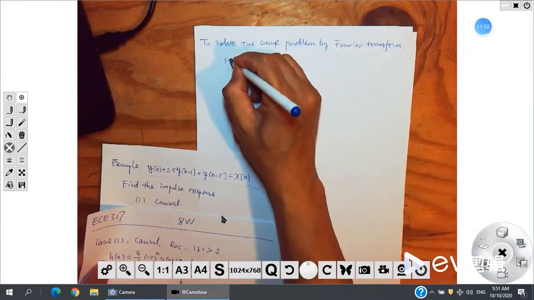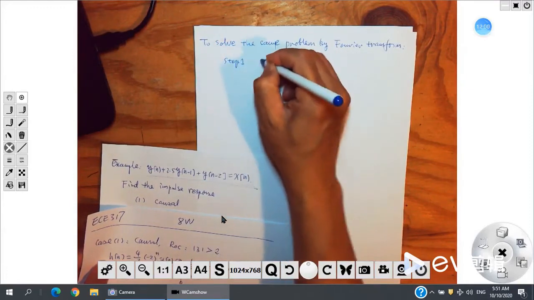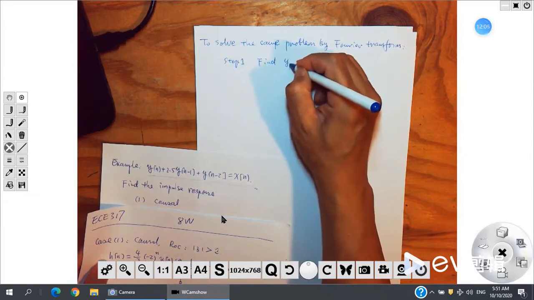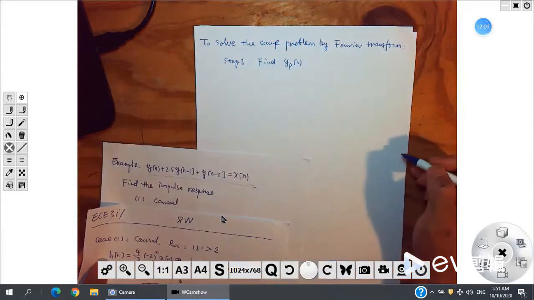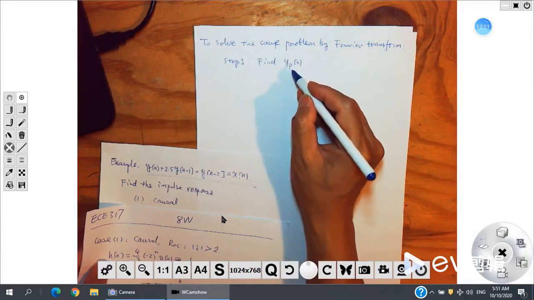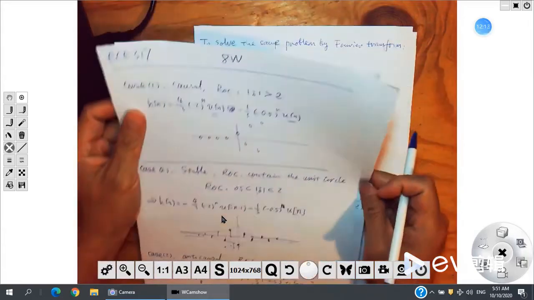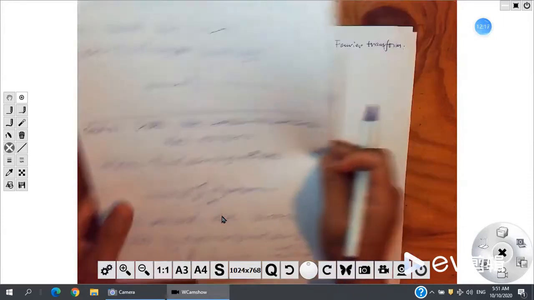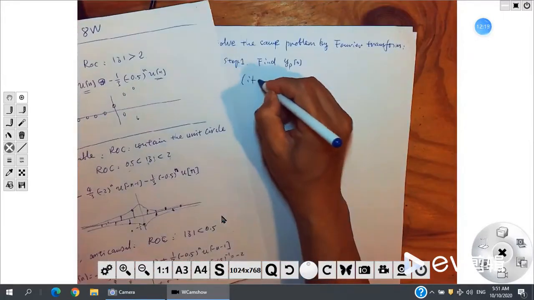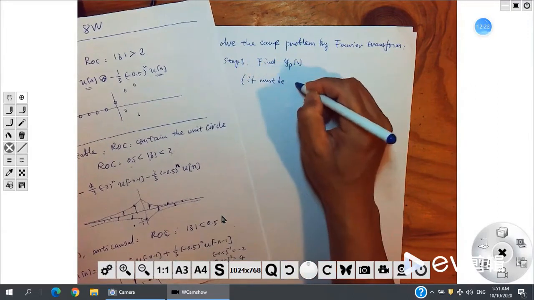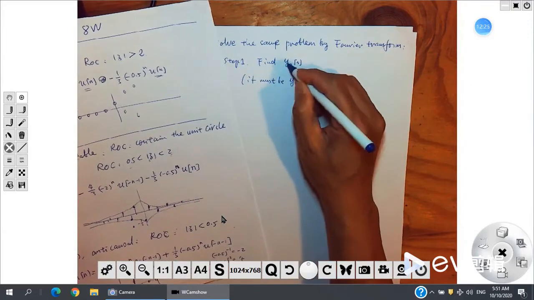Step 1, find a particular solution. Remember? Yeah, you just use Fourier transform. You can find the particular solution. Actually, this particular solution, according to the stable case, should be this one. It must be yp. Actually, this y is h, right?